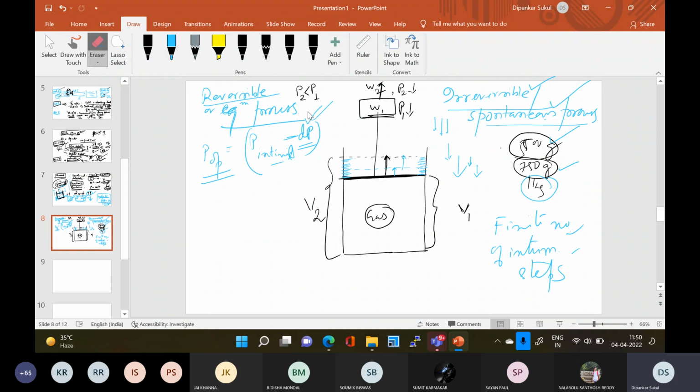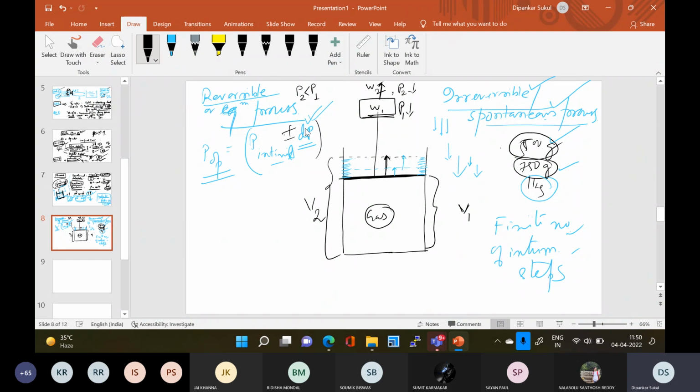So if I do it in this way, I am not using the term increase or decrease, I am using the term change because this is applicable both for expansion and compression. The sign may be positive, the sign may be negative. So if the change is an infinitesimally small amount, then what will happen actually?